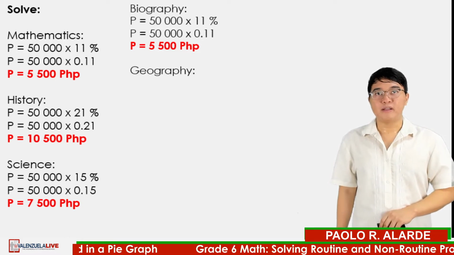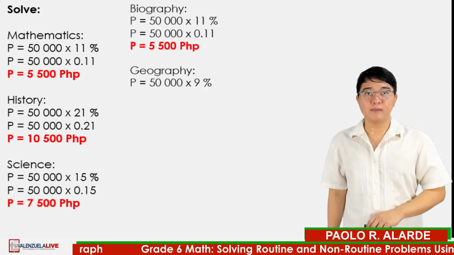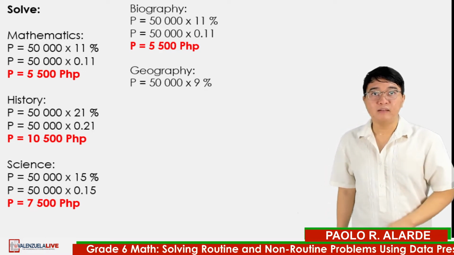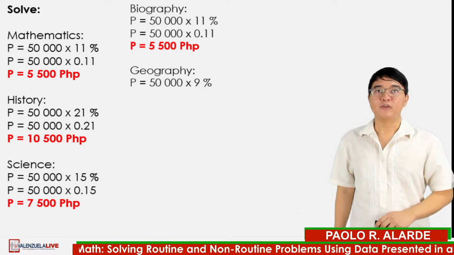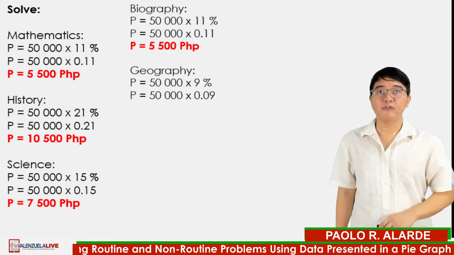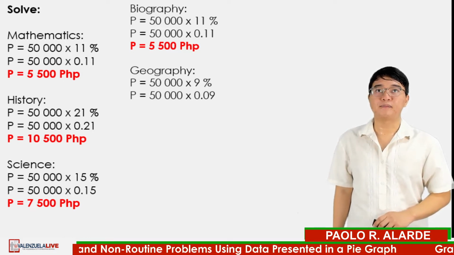For geography, P equals 50,000 times 9%. What is 9% in decimal form? Is it 9/10 or is it 9 hundredths? Okay, so 9% is 9 hundredths. So 50,000 pesos times 9 hundredths.